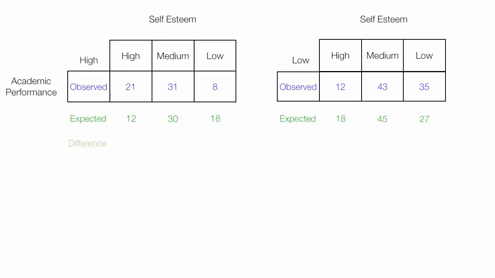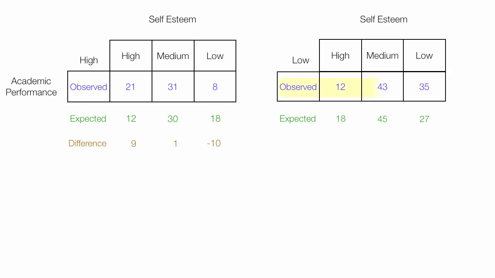So now I'm going to add a row for difference, and I'm going to take observed minus expected. I take 21 minus 12, which is 9. 31 minus 30, which is 1. 8 minus 18, which is negative 10.